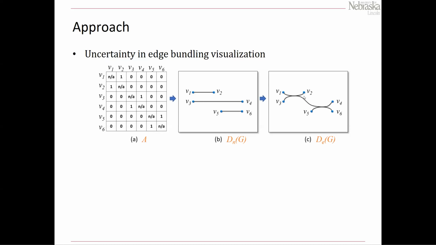But after we generate the edge bundling result, there is a question: is there any edge between V3 and V2? Is there any edge between V3 and V4, or V3 and V6?